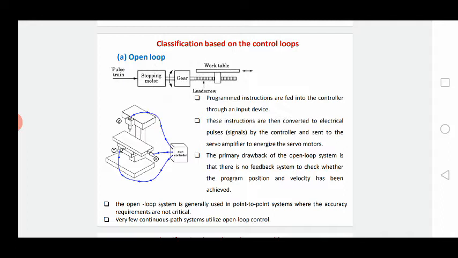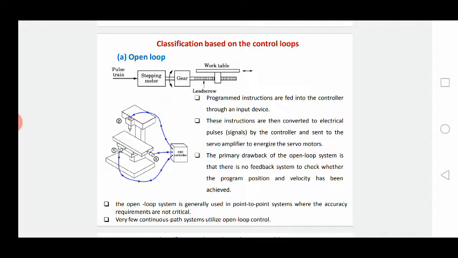The programmed instructions are fed to the controller through an input device. It may be a tape punch, or it may be a keyboard with which we enter the data. So the programmed instructions are given to the controller.